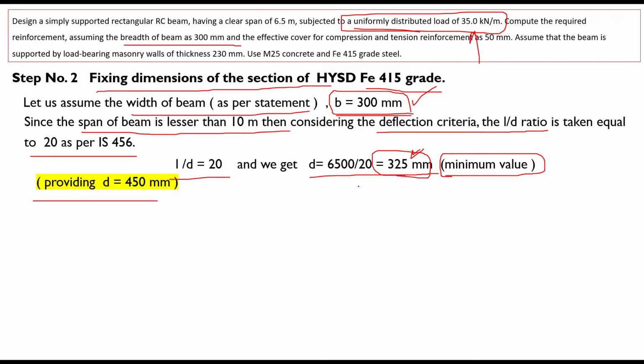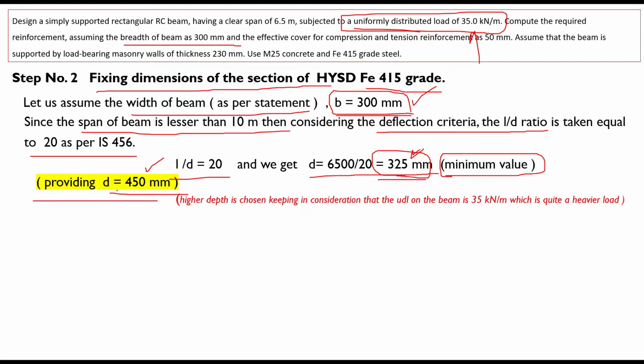That's why we have already assumed a higher depth, not 350 like that. We will be taking effective depth equal to 450 millimeter. I have mentioned here also that the higher depth is chosen keeping in consideration that the uniformly distributed load on the beam is 35 kilonewton, which is quite a heavier load.